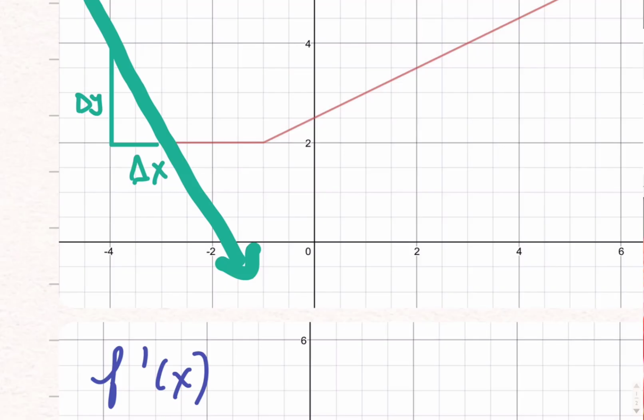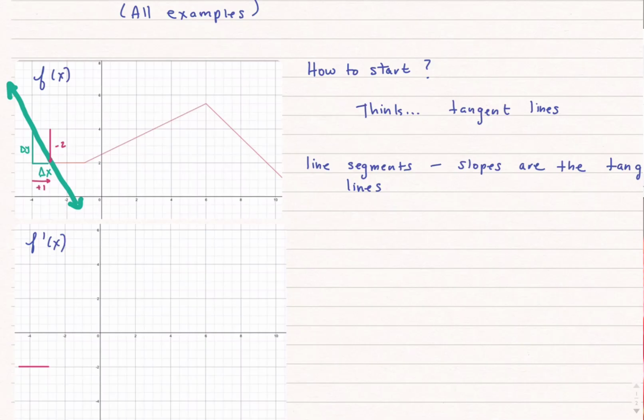It looks like my change of x is +1, and the change in y equals -2. Therefore, the slope, or delta y over delta x, is simply -2. If the slope is -2, I graph the horizontal line y = -2. That is, no matter what x is, y is equal to -2.